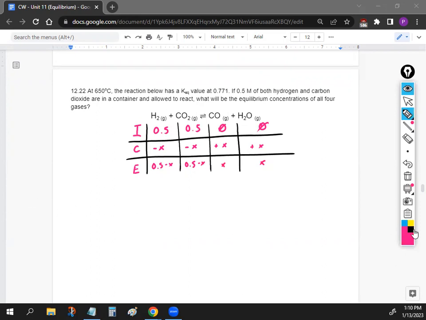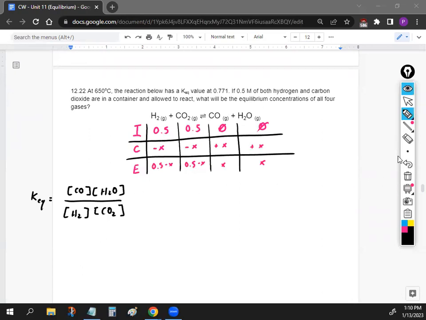Okay, so if we take a look at the equilibrium constant, it's going to be K, and that's going to be equal to the concentration of CO, concentration of H2O, divided by the concentration of H2, divided by the concentration of CO2.